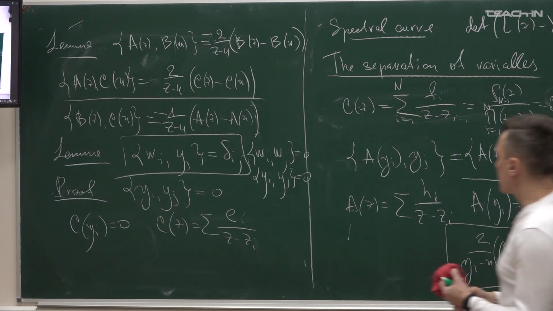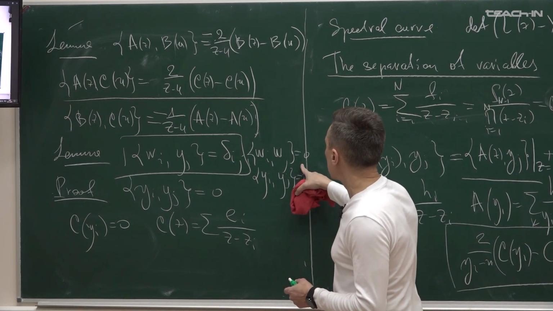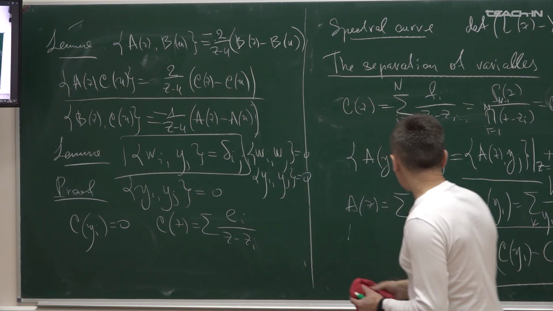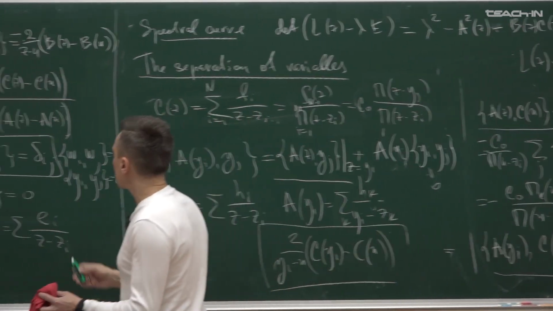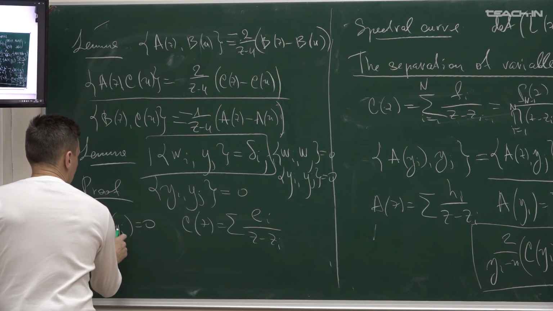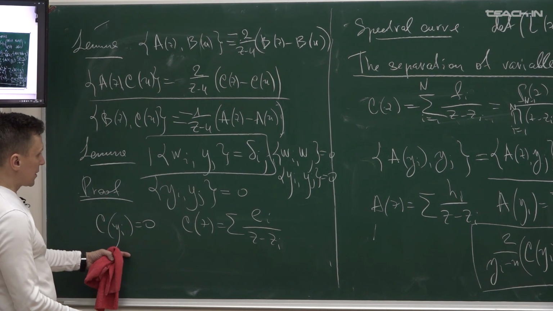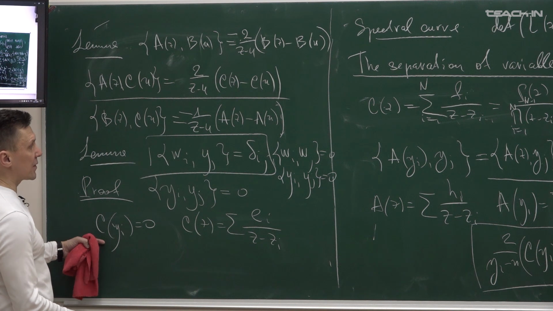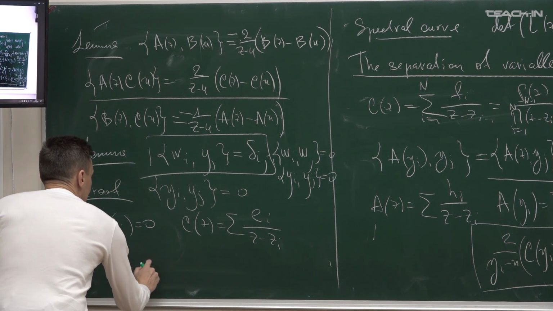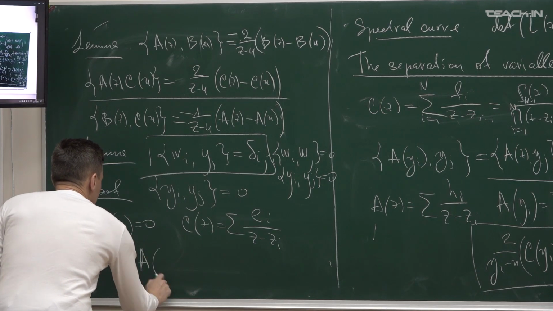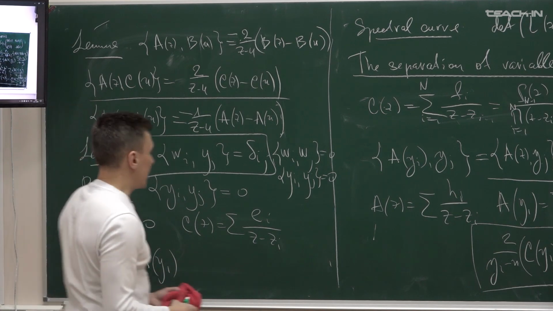Let us calculate the last part, the values. So y_i are the zeros of the function c, and w_i are values of the function a at the points y_i.